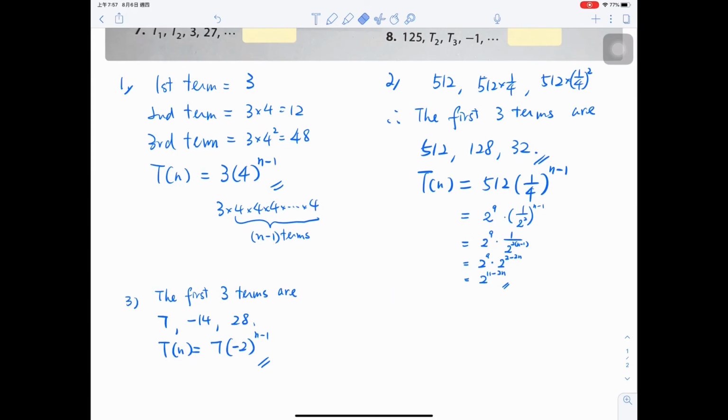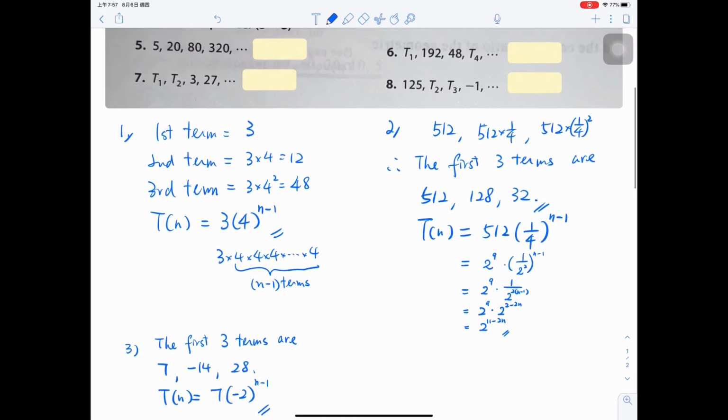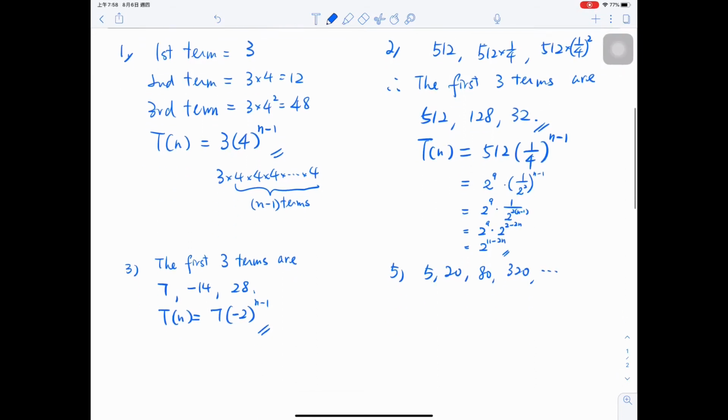Okay, let's see. Question 5, 4 terms: 5, 20, 80, 320, etc. So what is the common ratio here? Correct. Just take the second one over the first one. Check one more, 80 over 20, and you found that this one equals 4.